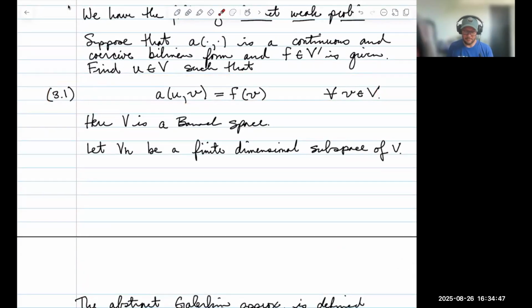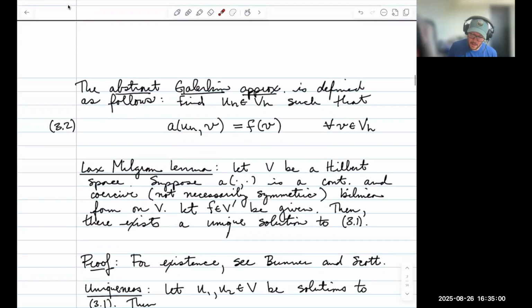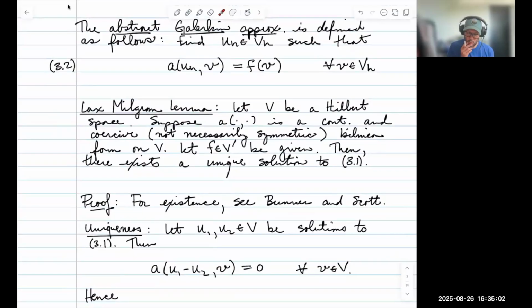So it's a little bit like magic. We're saying, as long as I assume the right things, this problem that I stated here magically has a unique solution u, which fits this 3.1. Now, what are the details of this? I'm skipping some of the details because they're quite complicated. Some of you may have seen the Lax-Milgram lemma before in the setting of PDEs, or in other places.